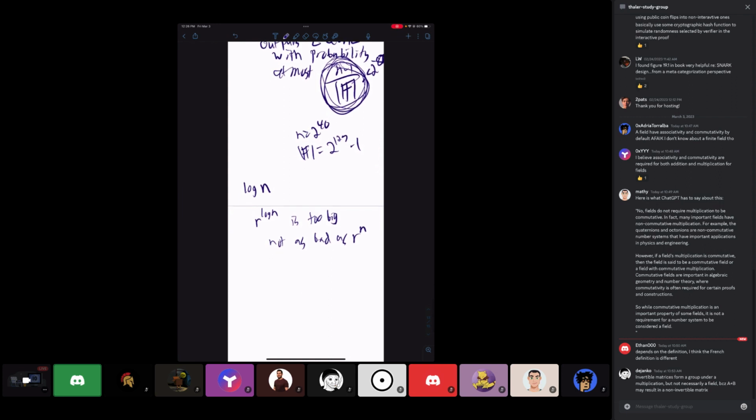So stuff gets better, but still not good enough. You'd still want to work over a finite field. The number of bits taken to write this number down is log n times log R, and we'd rather it be something like order log n, and basically get rid of that log R factor. That's what working over a finite field gives you.